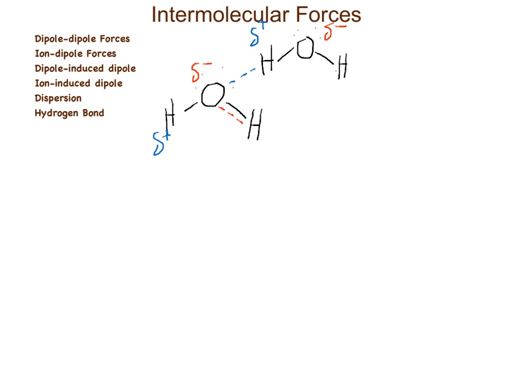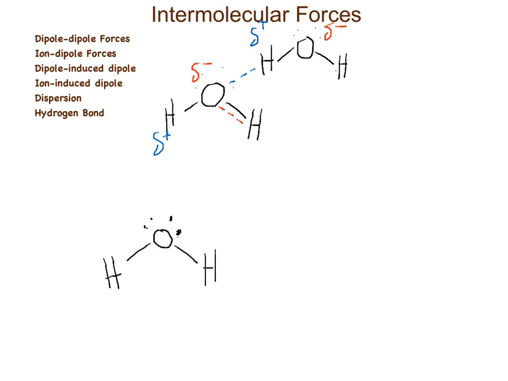So based on what I said before, dipole-dipole is a polar-polar intermolecular force, and ion-dipole, we'll use water again, is an intermolecular force between an ion and a polar molecule. So once again, ion-dipole, between an ion and a polar molecule. So here's our polar molecule.